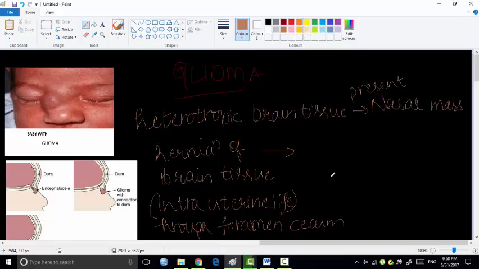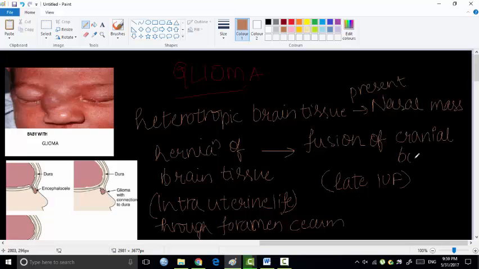And in the late intrauterine life, what happens is there is fusion of bones, right? Most of the cranial bones are fused in the late intrauterine life. This fusion basically leads to detachment of the stalk.